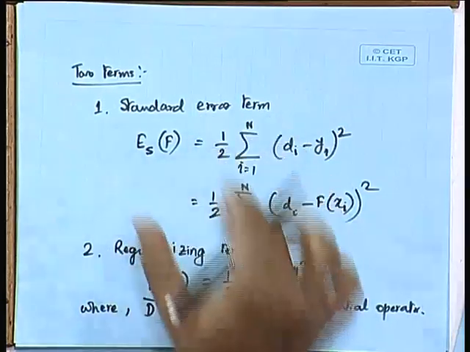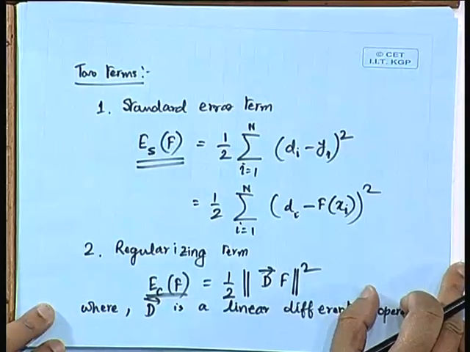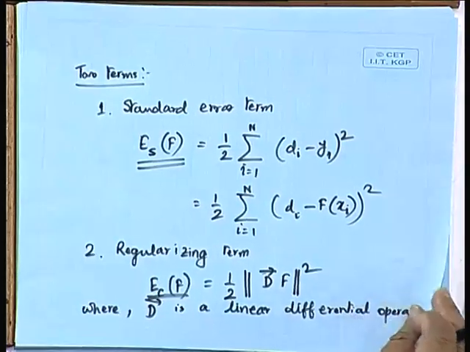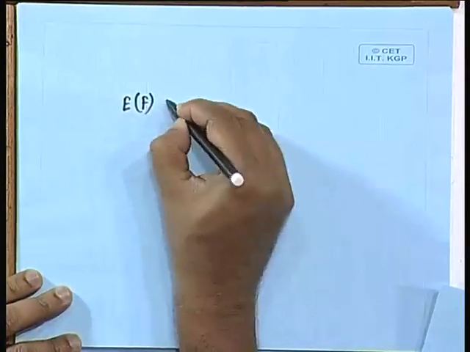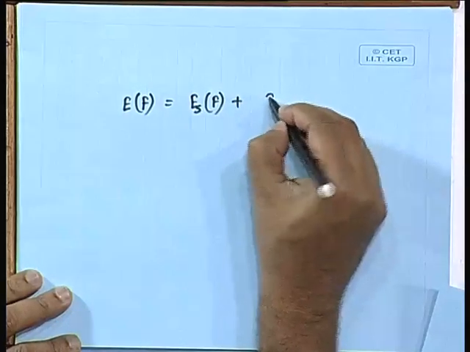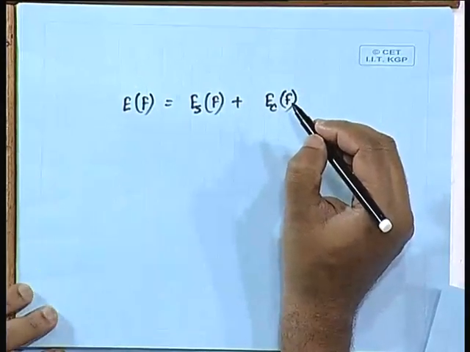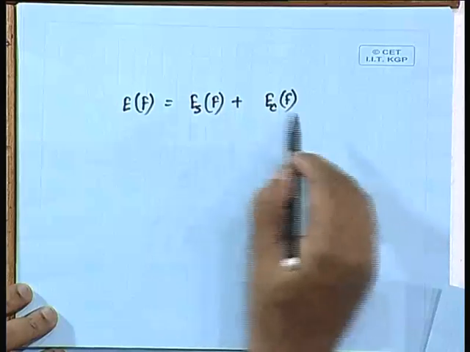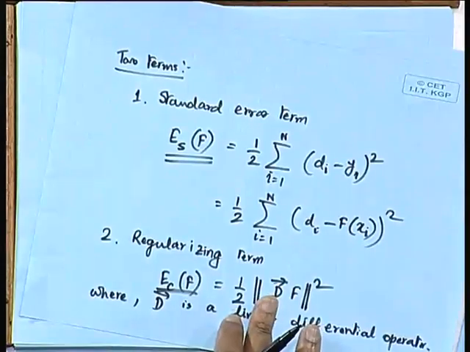And given these two terms Es and Ec, one can combinedly put forward a measure like this. One can make a combined measure E of f, which is equal to Es of f plus, shall I put Ec of f? I put it, but mind you, one thing to be noted is that if I put Es of f and Ec of f like this, it is as if I am giving equal importance to the standard error minimization and to the regularization.